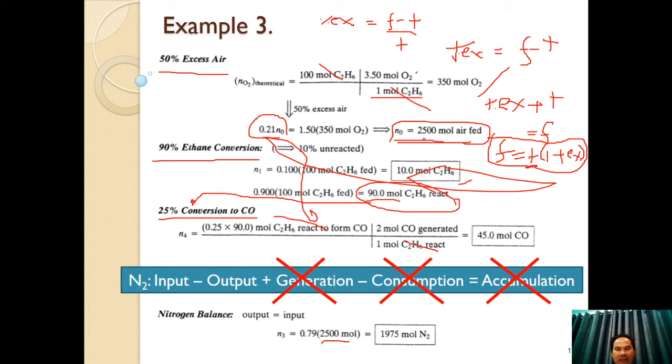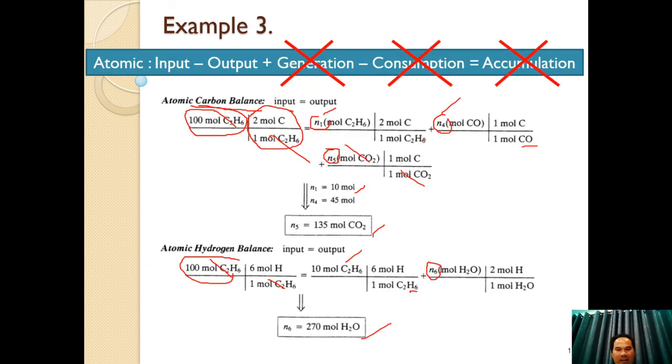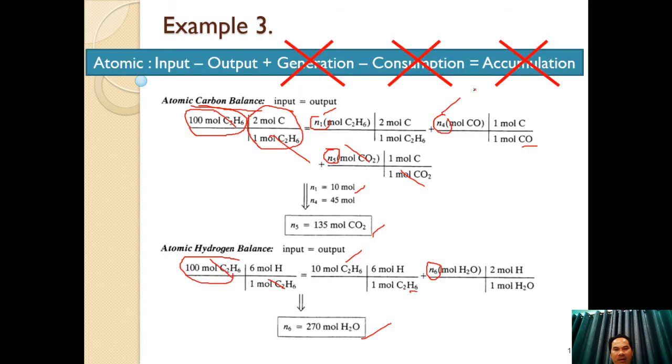You multiply 0.21 with 2,500, you get the amount of oxygen. This is the amount of oxygen. And oxygen output: 1 mole oxygen includes 2 mole of atomic oxygen. Oxygen output is N2. This is unknown now. And CO, 1 mole CO includes 1 mole atomic oxygen. CO, about CO.